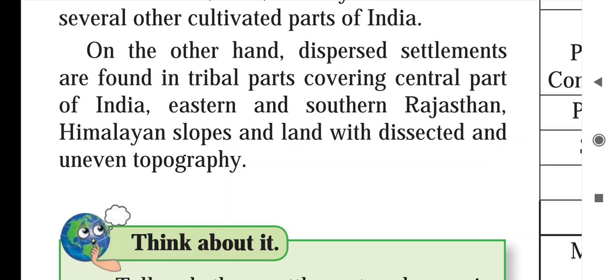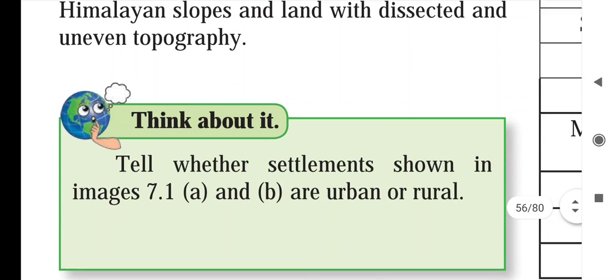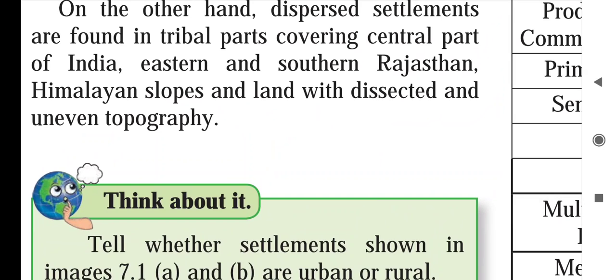So like that, houses we find at a distance, not particular, but where they will find the plain region, there they will establish their houses. They need land also for their agriculture. So like that, houses are away from each other, that is uneven topography. Uneven topography means what? Uneven land, because of mountains or hilly region, forest region, it is not even like a plain area.